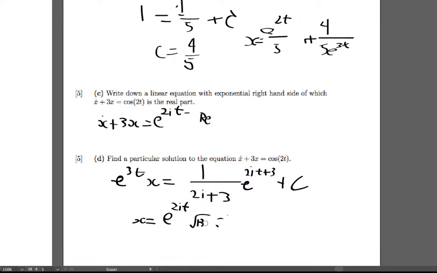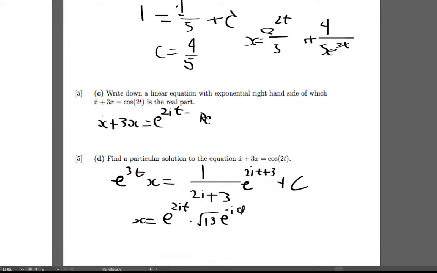Instead, I will write this guy the other way. Oh wait, actually it's fine. So you multiply this by the square root of 13, which is 4 plus 9, of e to the power of i of phi. Oh wait, actually this should be negative.